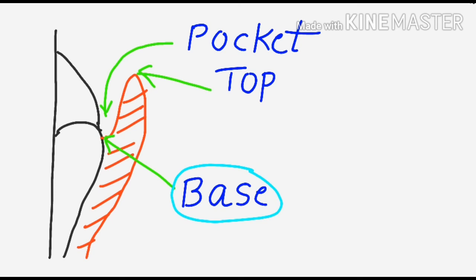This is the top of the pocket, and this one represents the base of the pocket. So as I have explained to you, when this base of the pocket lies apical to the mucogingival junction, it forms an absolute contraindication for the gingivectomy procedure. I hope now it's very clear to you.